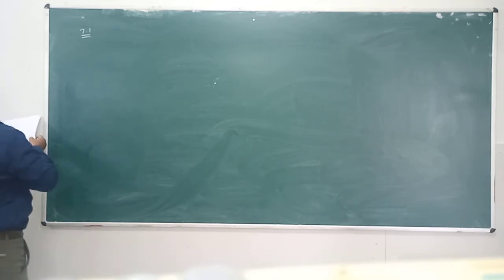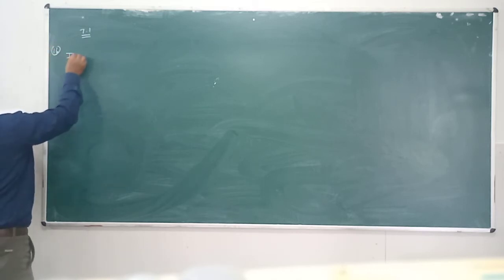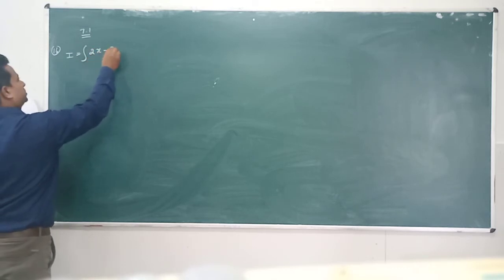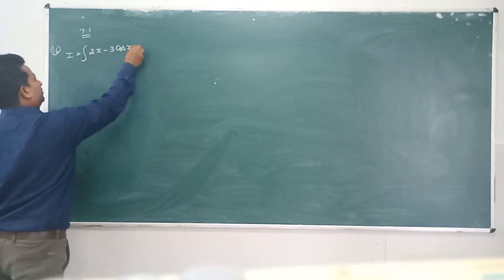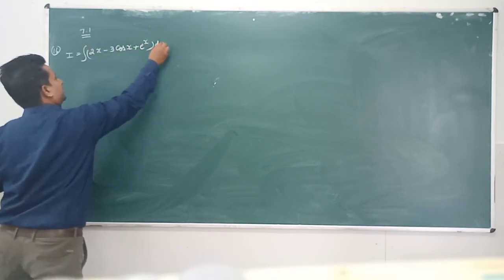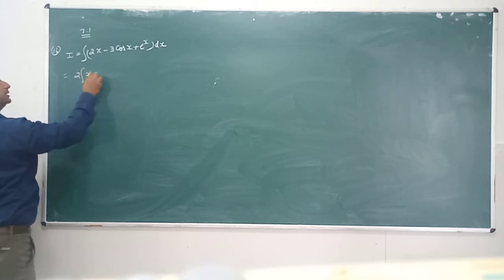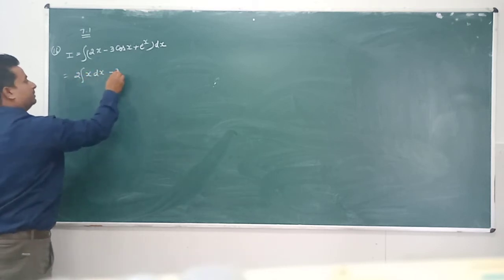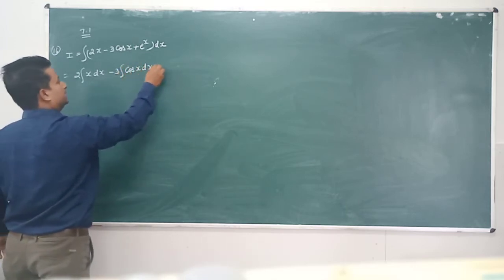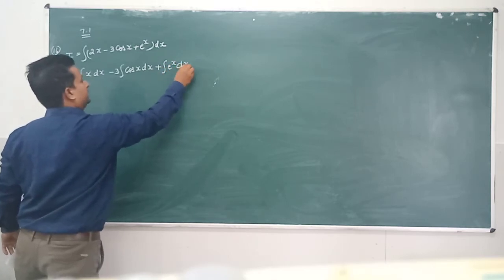In question number 16, the statement is I is equal to the integral of (2x minus 3 cos x plus e to the power x) dx. First we multiply dx: this is x dx, minus 3 cos x dx, plus e to the power x dx.